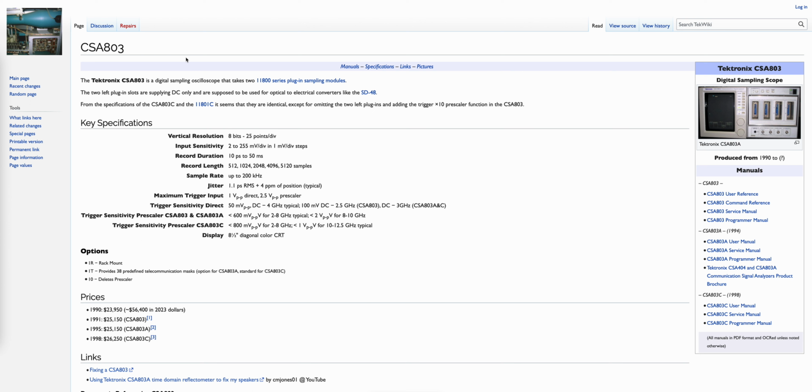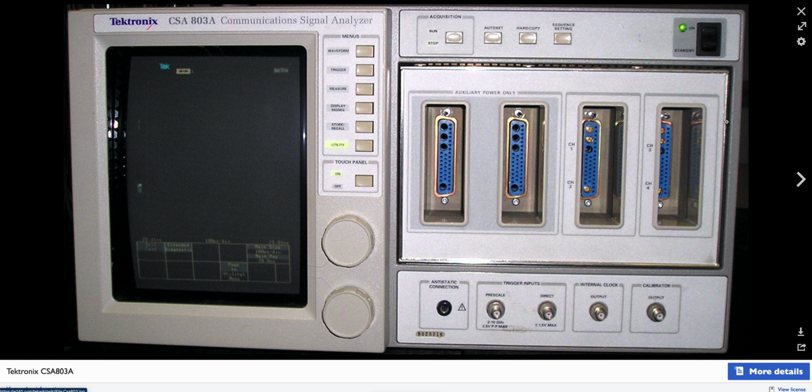I guess people in marketing began to explore different acronyms, different architectures, and here we can see a different name introduced: communication signal analyzer, which I guess helps when it comes to explaining what those devices do.